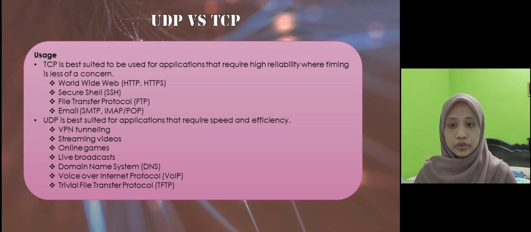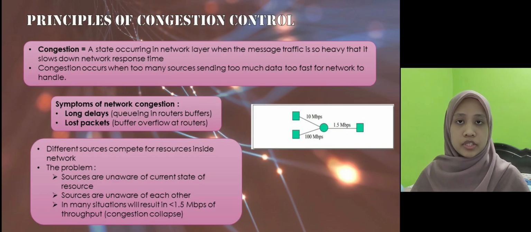While UDP is best suited for applications that require speed and efficiency, such as VPN tunneling, streaming videos, online games, live broadcast, domain name system, voice over internet protocol, and trivial file transfer protocol.